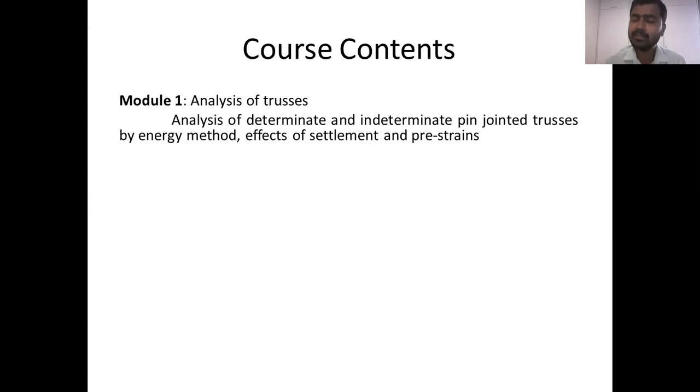The same thing we'll learn here also, but here we'll be learning with a new method known as the energy method. Using this energy method we have to find out whether the structure is determinate or indeterminate, only for pin jointed trusses. Now let us go to module 2.